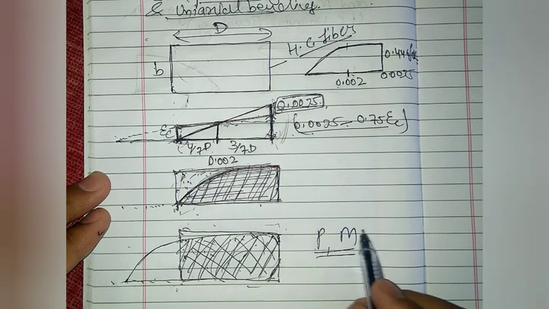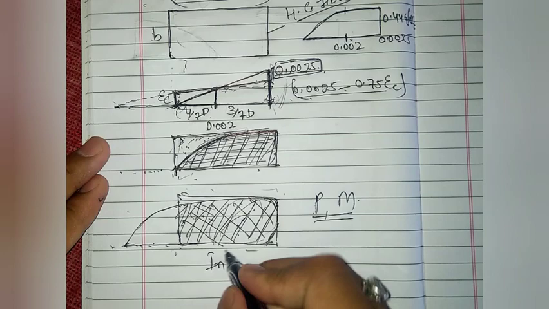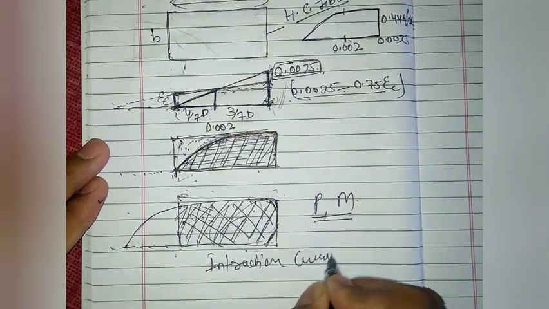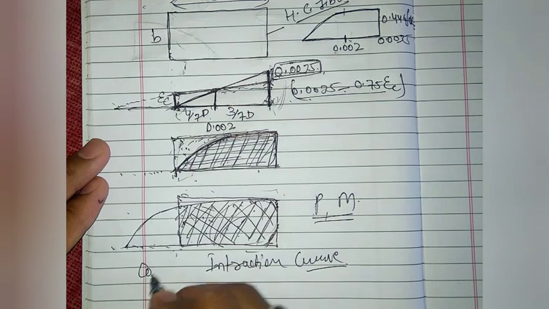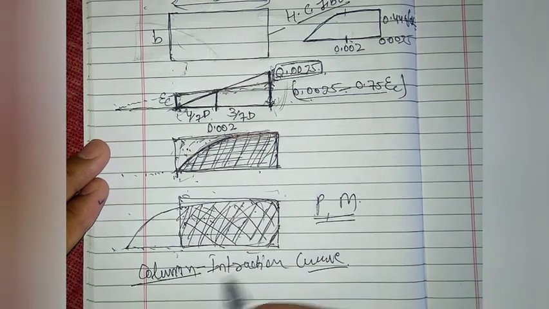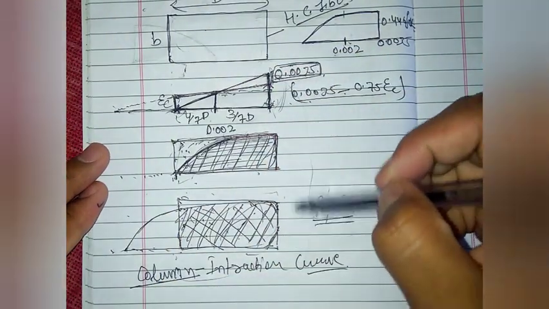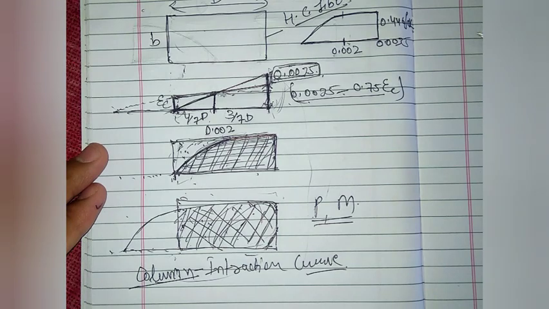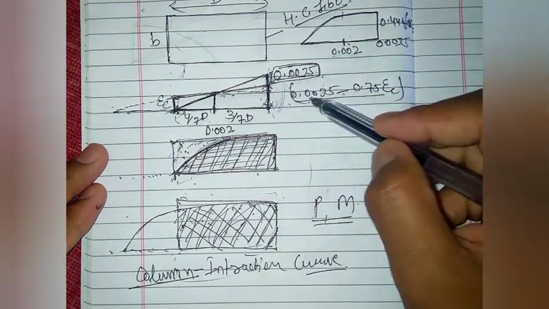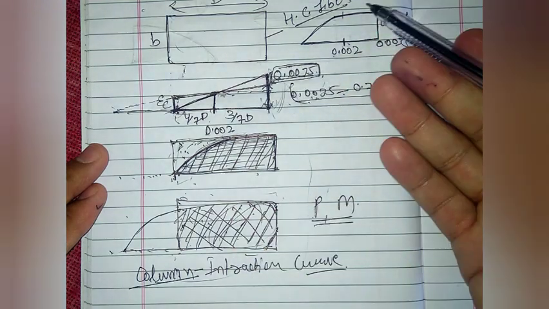That graph is called the interaction curve, or the column interaction curve. This is a very iterative procedure, because now you can understand that we need to calculate the maximum strain at the outermost compression fiber by trial and error again and again.